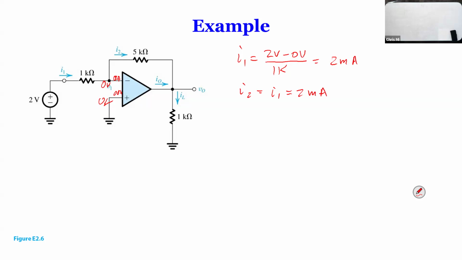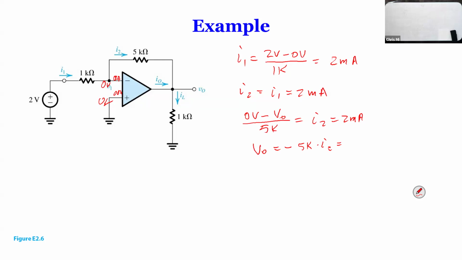If you cannot write VO right away, you can always use the loop equation. The inverting terminal 0 volts minus VO divided by 5K gives you I2, which is 2 milliamps. So VO equals, multiplying 5K on both sides and moving the negative sign, minus 5K times I2.